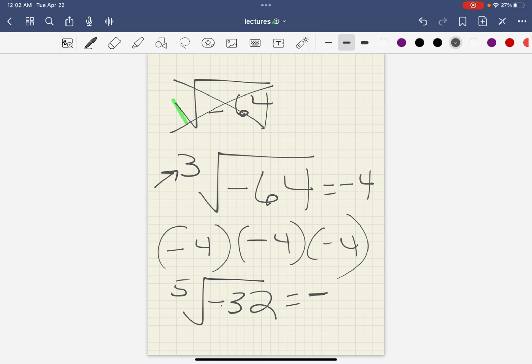So we'll start by trying 2. That's going to be 4, another 4. 4 times 4 is 16, and 16 times negative 2 is negative 32. So the answer is negative 2.